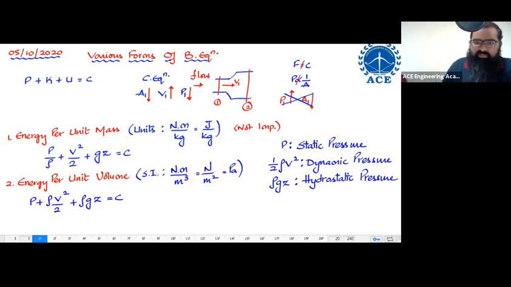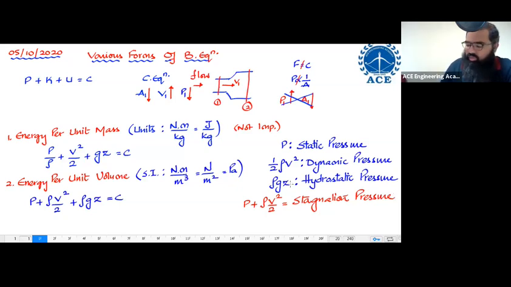Apart from these three pressures, you are going to have a combination set also. The first combination is the first two added up, that is P plus rho V square by 2. It is called stagnation pressure.